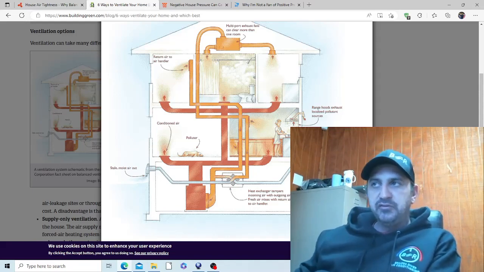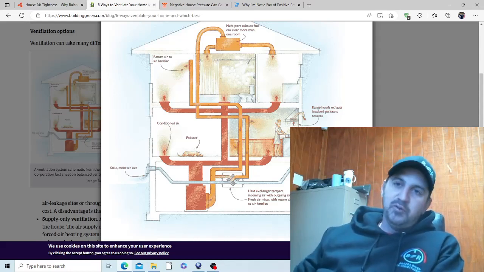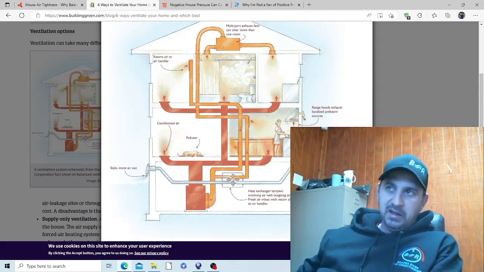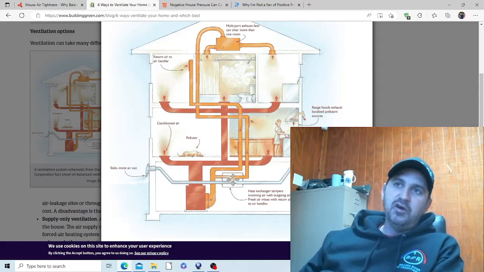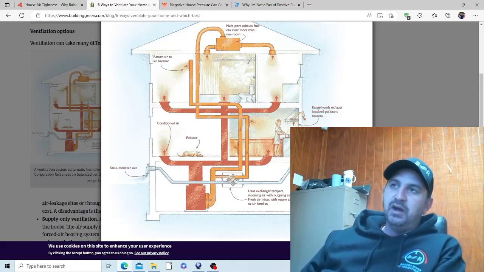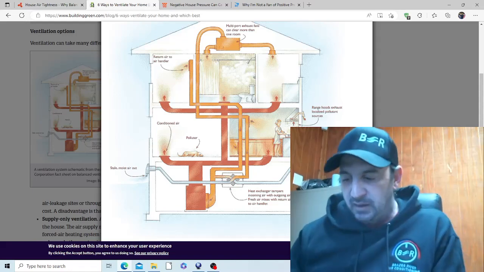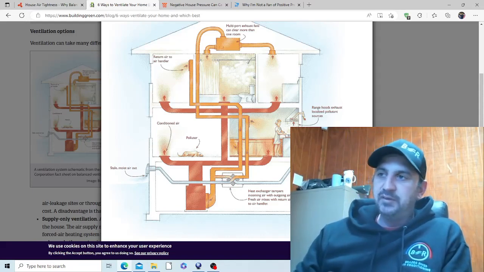All of these chemicals that we use to keep our home neat, or if we have ants and want to spray or defog for whatever reason, in a spray foam home, all of this stuff is going to stay in the home. Your air exchange to the outside is very, very low. So if you don't have a ventilation system, this stuff just stays in there and you're breathing it day to day.